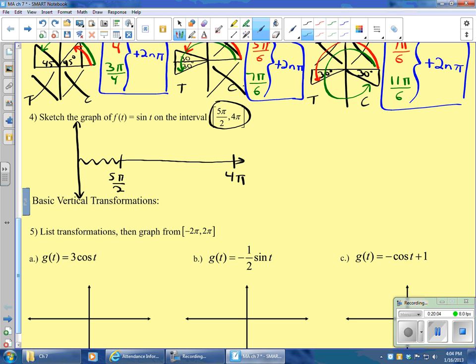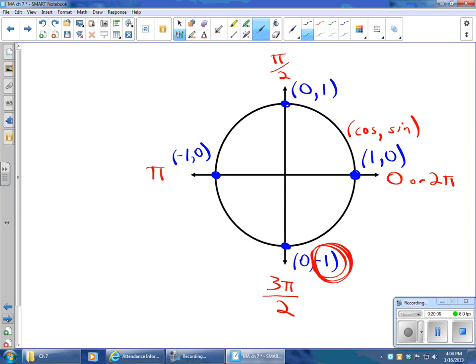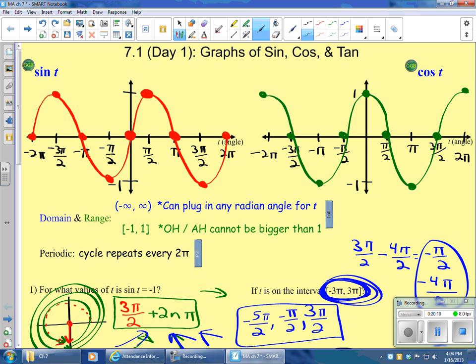Every half pi, and we saw that from looking at the unit circle stuff, every half pi is important. Looking at this sine graph, you can see every half pi matters. That's where something changes. So that's my increments that I need to get into this graph.